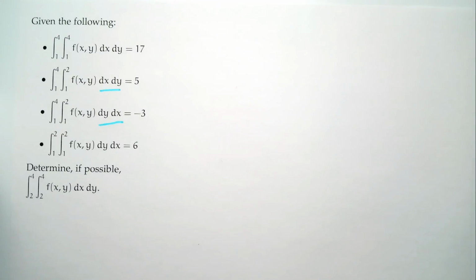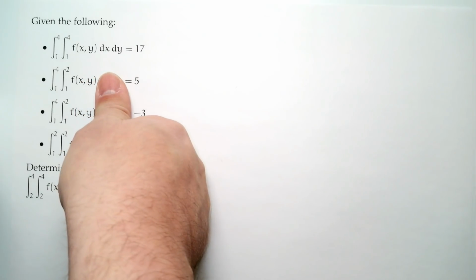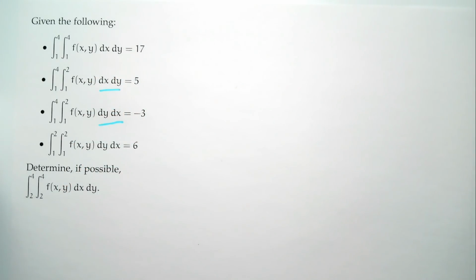This is why we talk about notation mattering, because they represent different things, and we're going to go into what they actually represent. If you hadn't written down whether it's dx dy or dy dx, you wouldn't know what that integral represented. So that's why we've been really after you. We really want you to get that notation down because we want to make sure you know what you're doing.